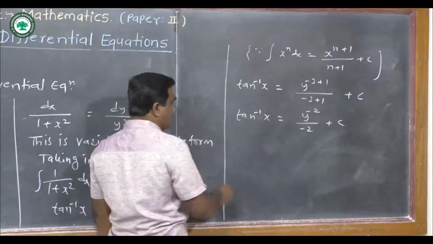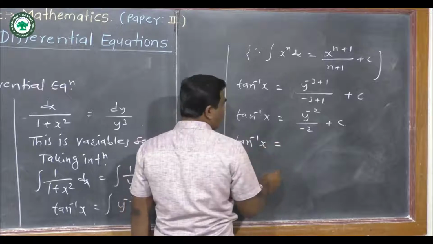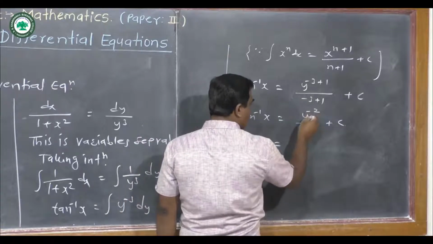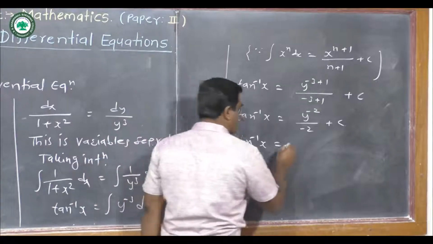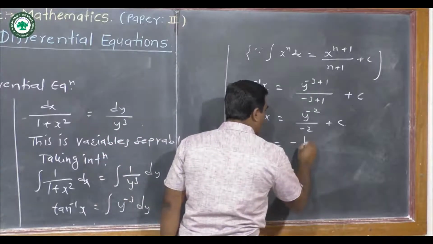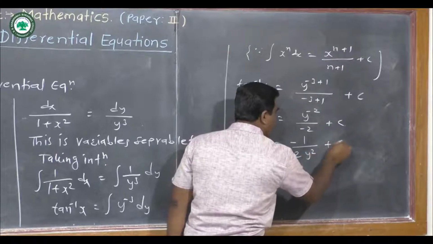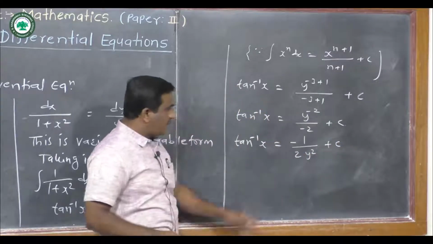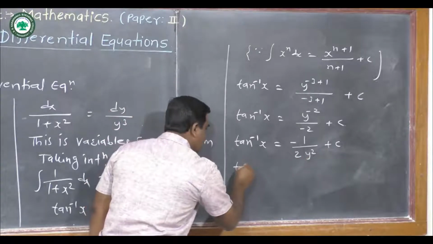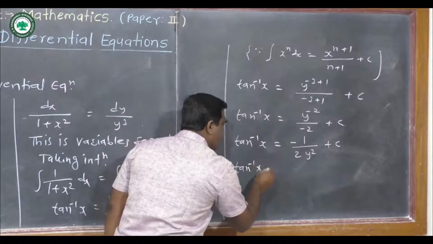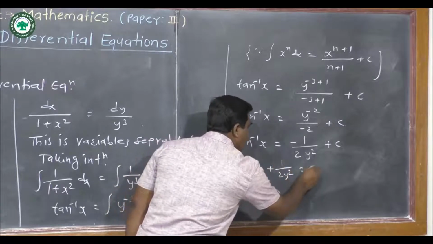Okay, that is tan inverse x is equal to, y raised to minus 2 means 1 upon y raised to 2, that is minus 1 upon 2 into y square, plus c. Now take this term of y to the LHS, then we can write tan inverse x plus 1 upon 2y square equal to c.